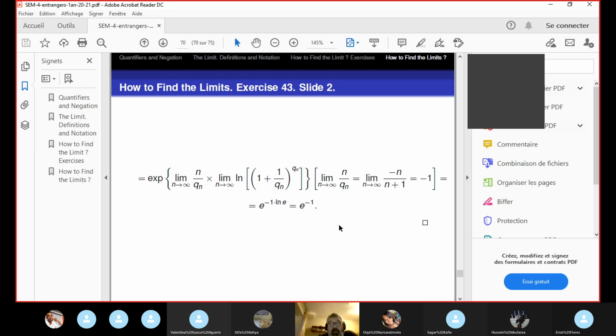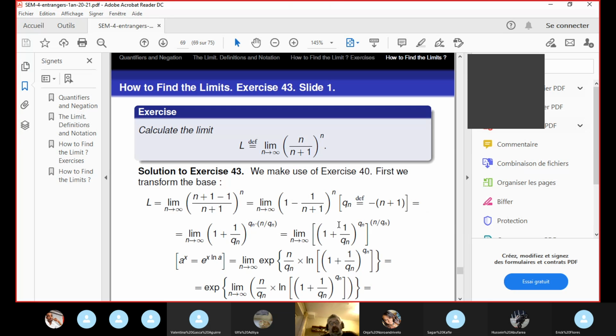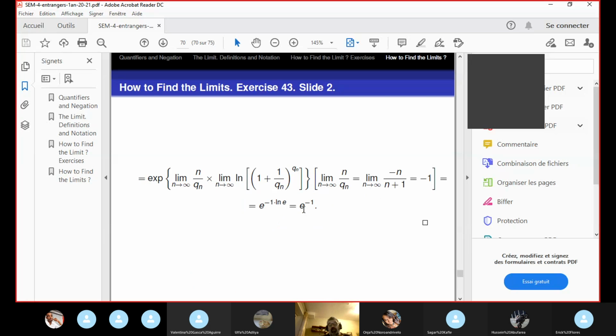So the log of e is 1, and finally we have our final limit, the limit of our sequence n over n plus 1 to the power n, and this limit is e to the power -1.